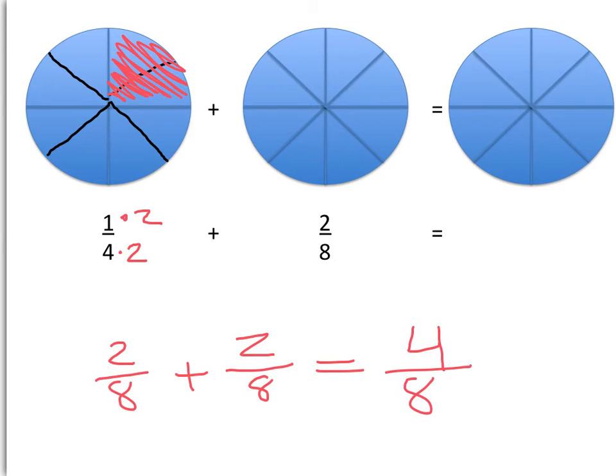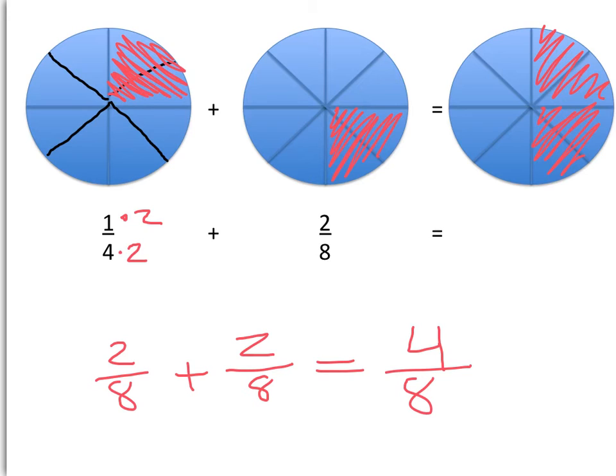On the second picture, we color in 2 out of our 8 pieces. Coloring in the first 2 of the 8 and the second 2 of the 8, we see that we are correct. We have 4/8 of a circle.